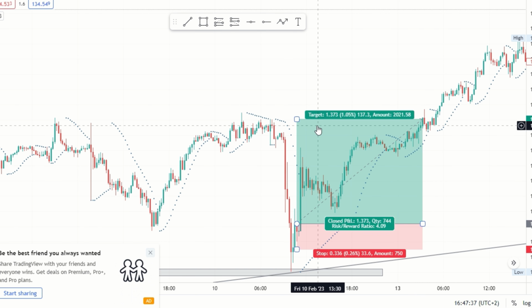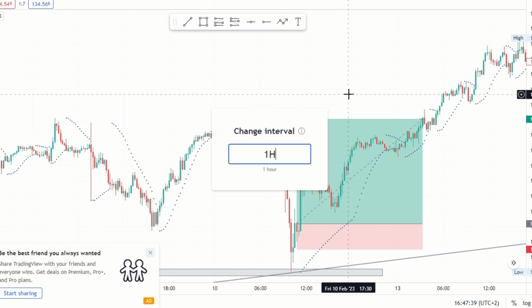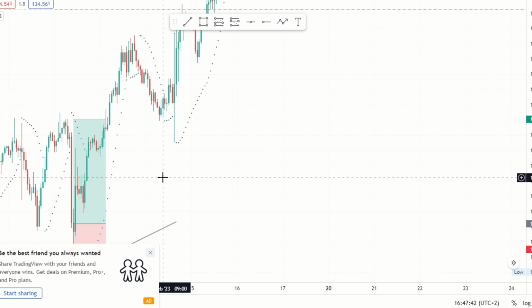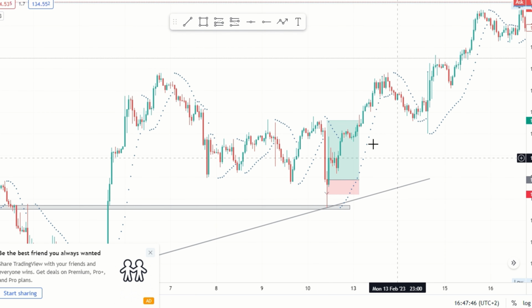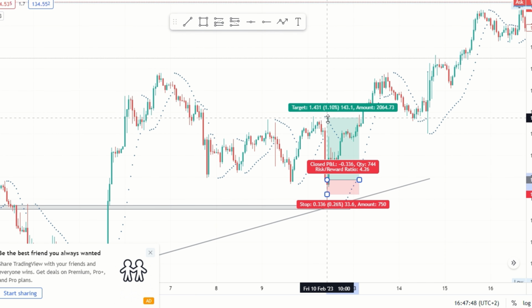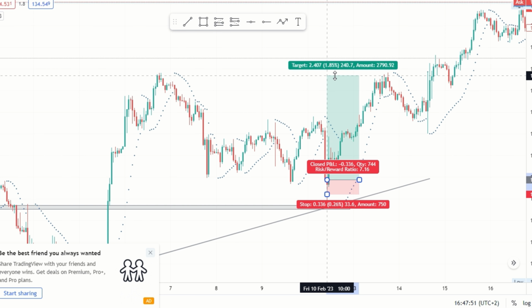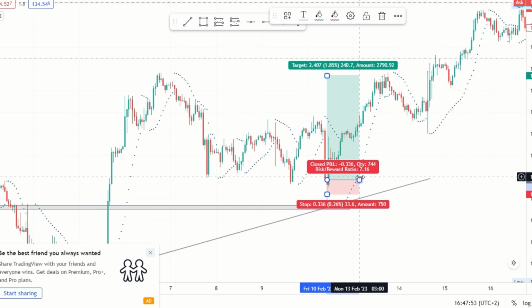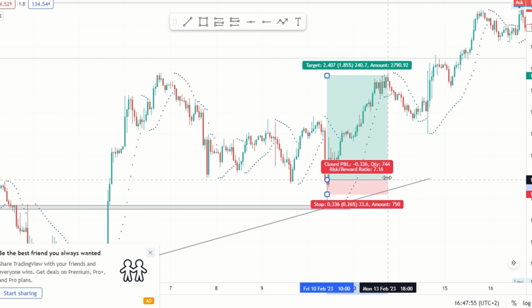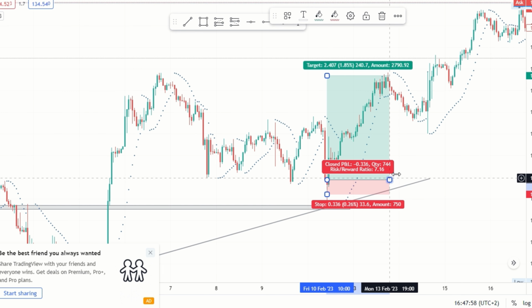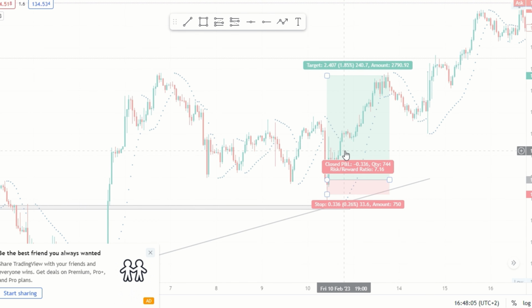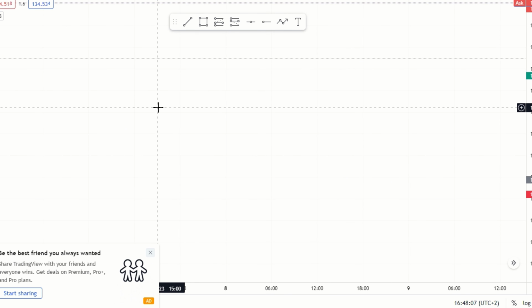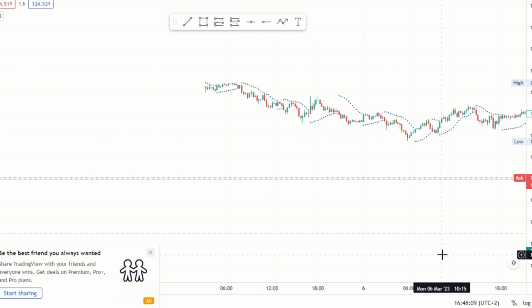But I could have had my TP on H1, which I also like doing, and I basically just choose the previous high. It would have still been here, or I would have chosen this previous high, which would have been here. Normally, if I'm patient enough, I would have probably trailed this trade all the way to here, but I actually just took the trade, and this is where I pretty much closed it.